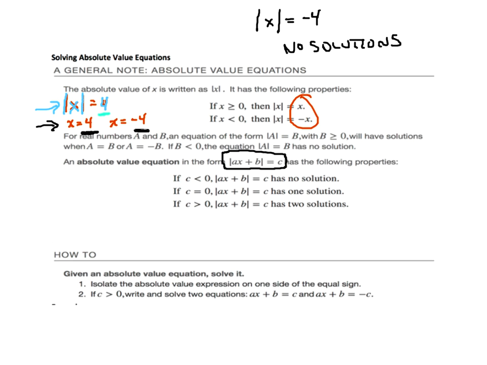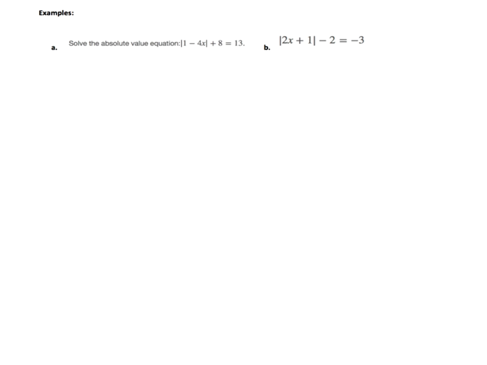So you're actually going to be solving two equations when you set up an absolute value equation. And don't forget that if that thing is equaling a negative value, there are no solutions to it. You can't take an absolute value and get a negative value out. Okay. And this is where it says set up both of those equations right there that I just told you about.